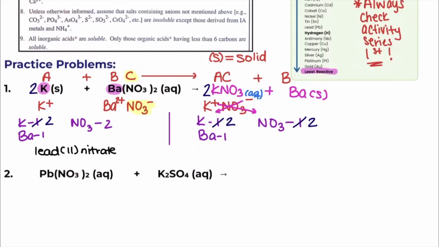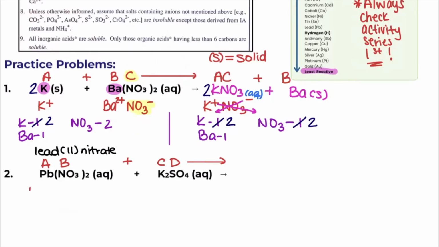Right away, I recognize this as a double displacement because we have two ionic compounds here. So this follows AB reacts with CD to produce AD and CB, where if you remember, our B and our D are going to switch partners. And remember, for a double displacement, we do not use the activity series, but we will use our solubility rules. So let's go ahead and identify our ions.